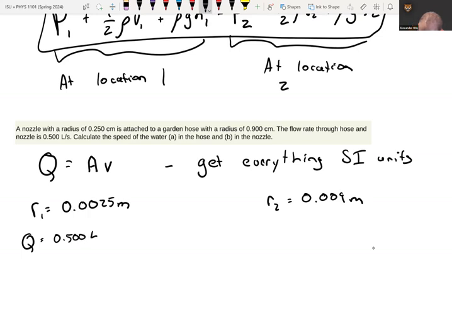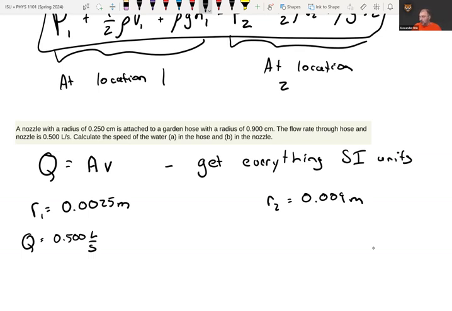So Q is 0.500 liters per second, and you want this to be in meters cubed per second. There are other ways to do this, but again, I would get everything in SI.